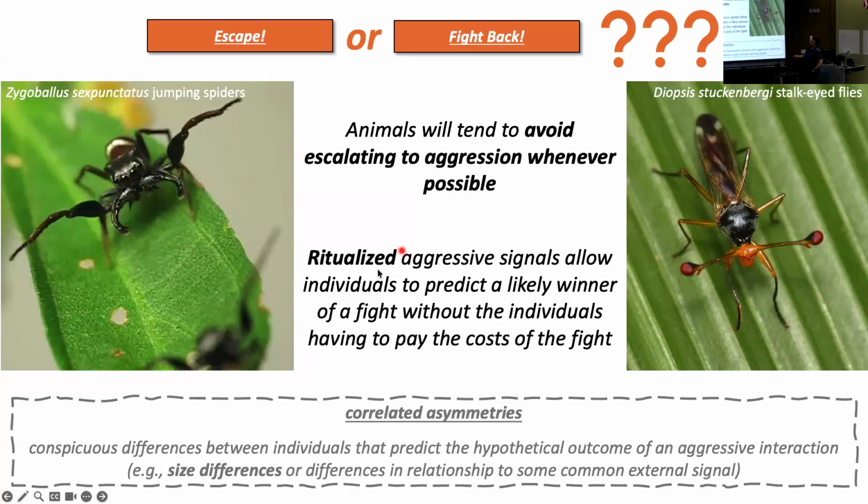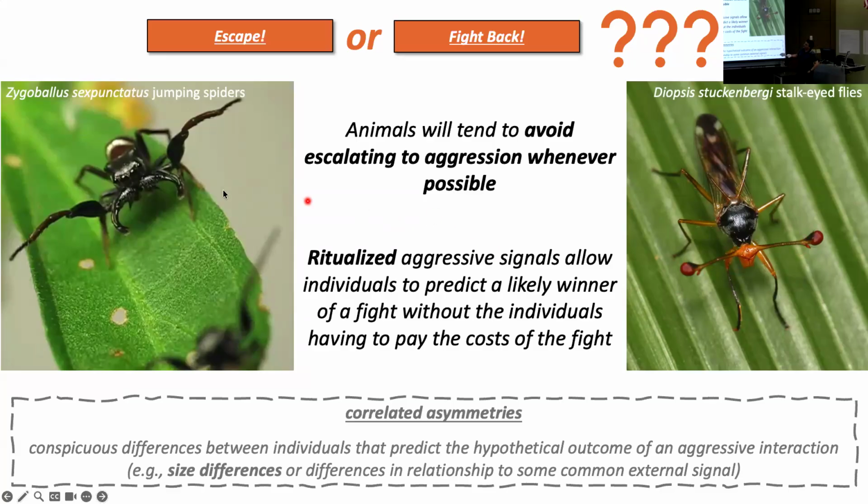There are a lot of these ritualized aggressive signals that seem to correlate with how animals decide whether to move forward and try to take a resource or back off and allow that resource to be taken. And with these stalk-eyed flies, it turns out that how big these eye stalks are tends to be a social signal that you can use to predict the outcome of these aggressive interactions.